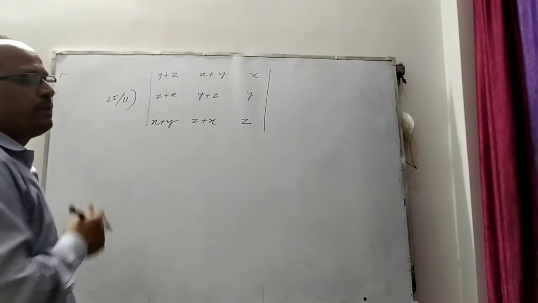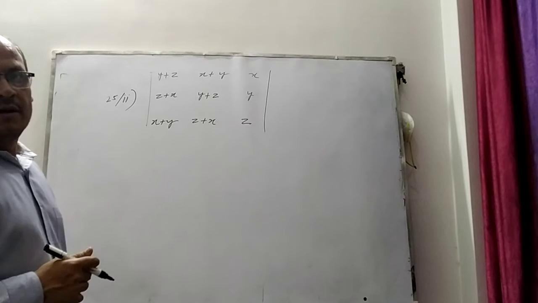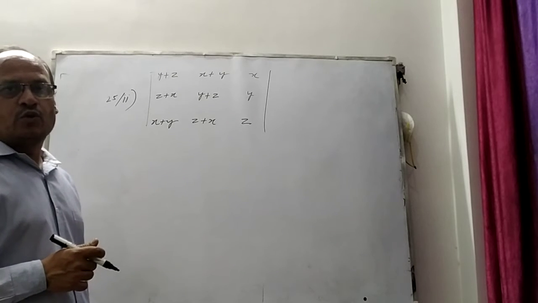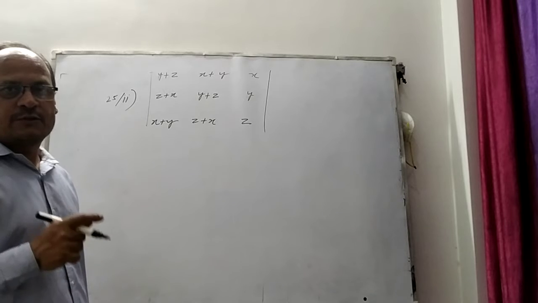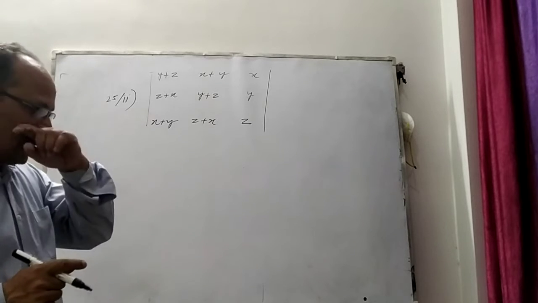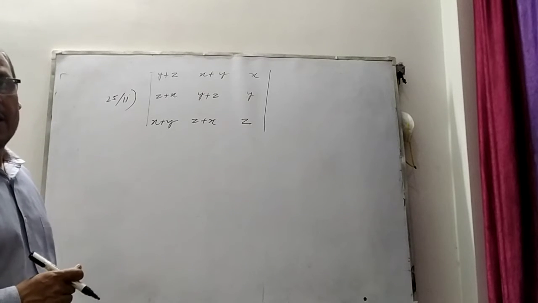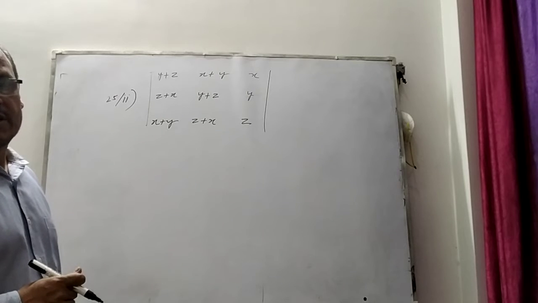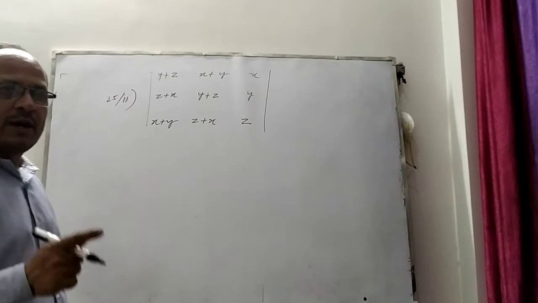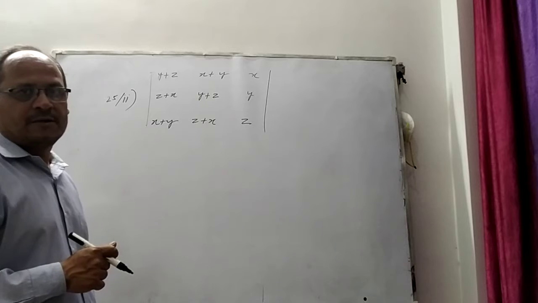You know that expansion: x cube plus y cube plus z cube minus 3xyz equals (x plus y plus z) times (x square plus y square plus z square minus xy minus yz minus zx).